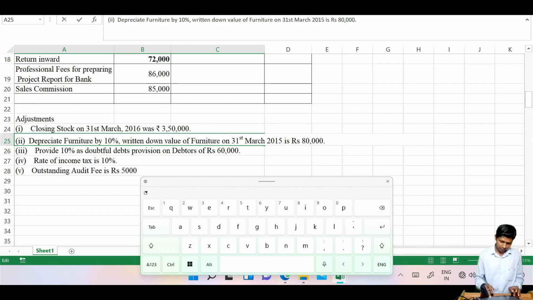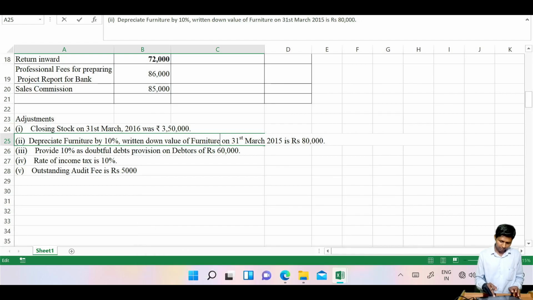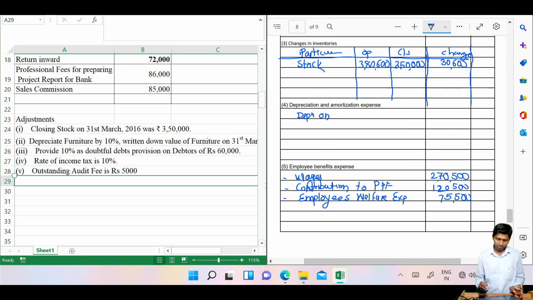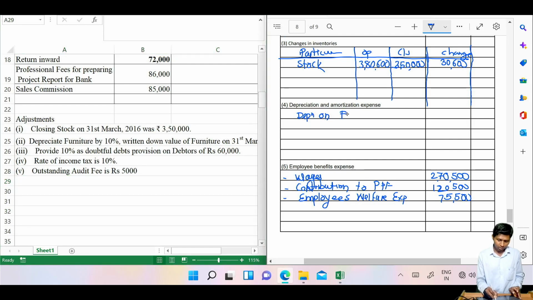Depreciation on furniture, 10% on opening WDV, that is 80,000 into 10%, so depreciation is equal to 8,000. Understood? 8,000. Then provide RDD. Provide 10% as doubtful debts.